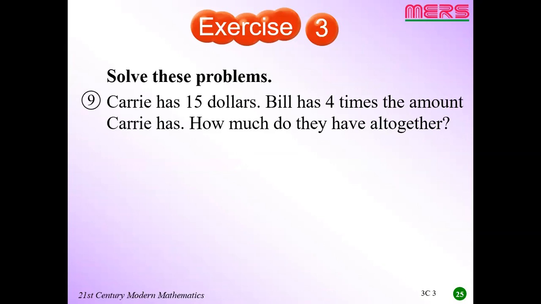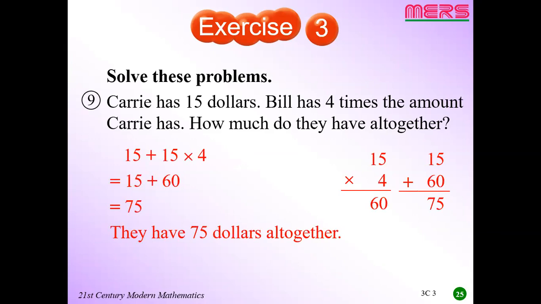Okay, question number 9. For this part from question number 9, you will be given long questions. Remember the format. You should write down the number sentence, your steps, and your statement. Okay, check the answers together. The answers will be 75. They have $75 altogether.